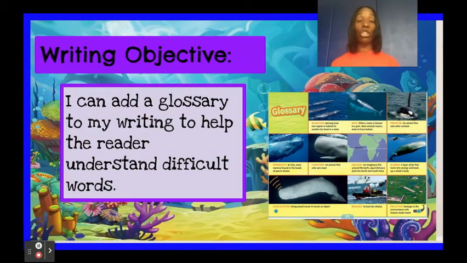So what I want you to think about is the writing that you have been doing. What words would you like to add to make a glossary? Now, scholars, you don't have to have 10 words. You can have at least 3 words.